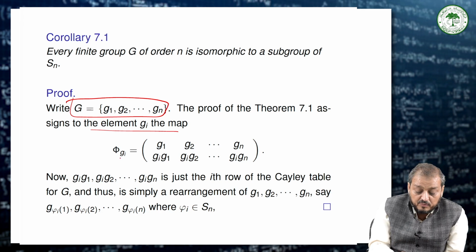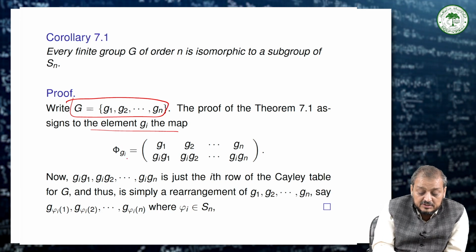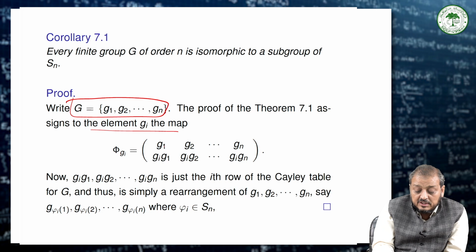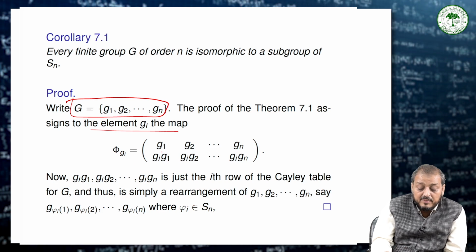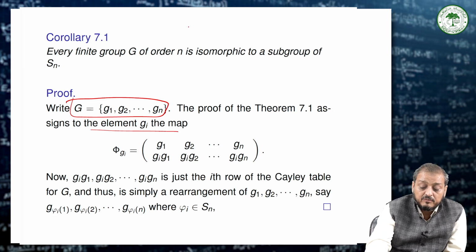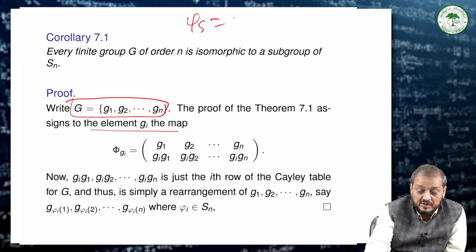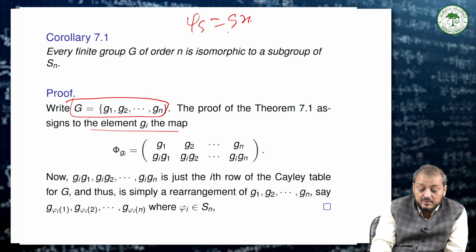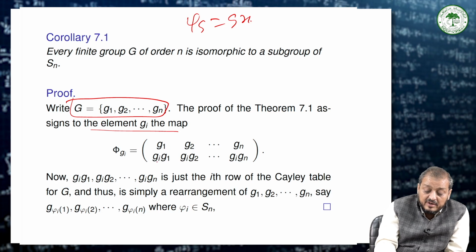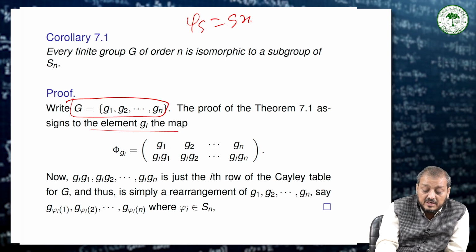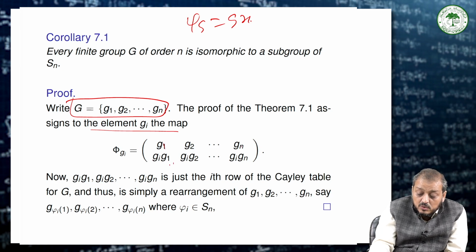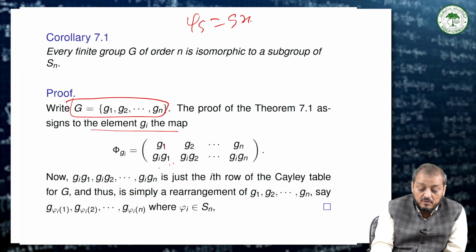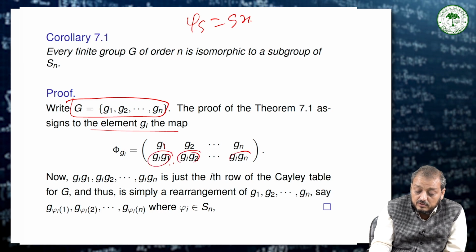The permutation phi of Gi is G1, G2, Gn multiplied by the element Gi, so we write it in the form Gi G1, Gi G2, up to Gi Gn. So we have to define it in this form.